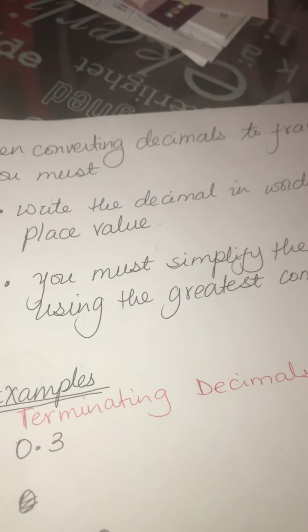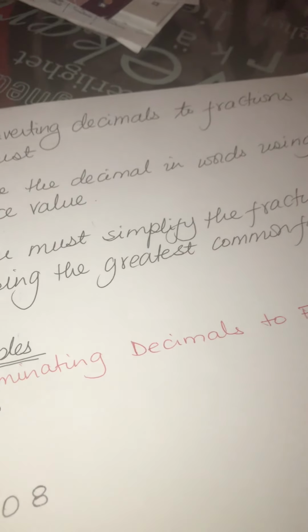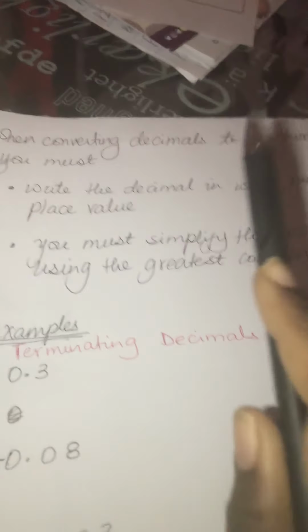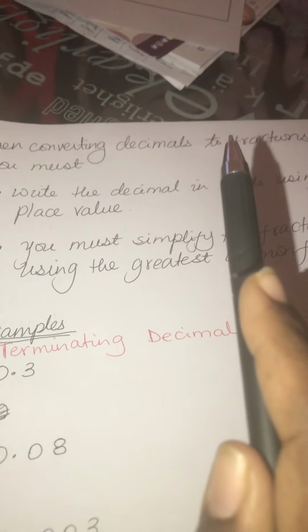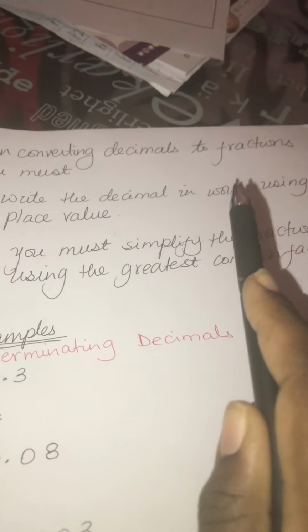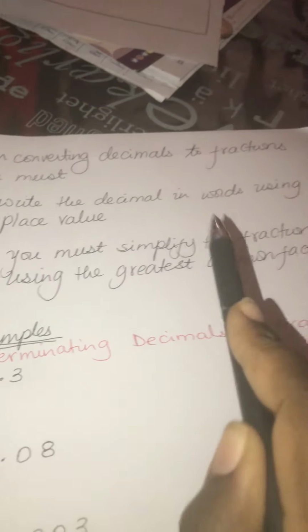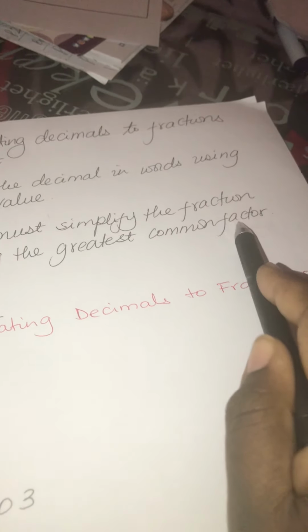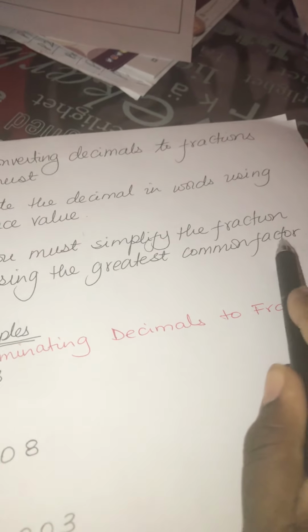And then from the words, you will write the fraction. From the fraction, you must simplify. All fractions must be written in the simplest form. How do you simplify? You need to use the greatest common factor. We talked about factors this whole week.